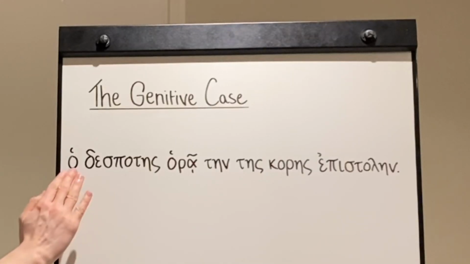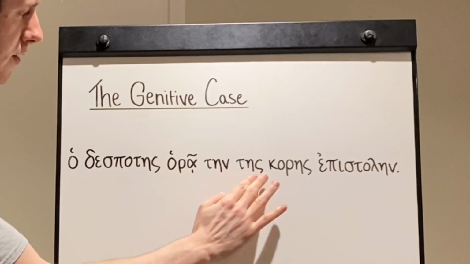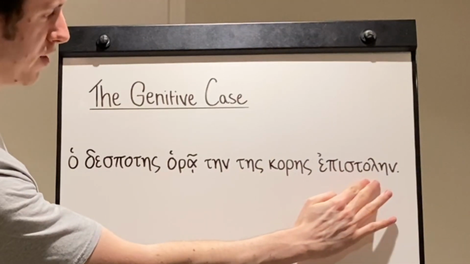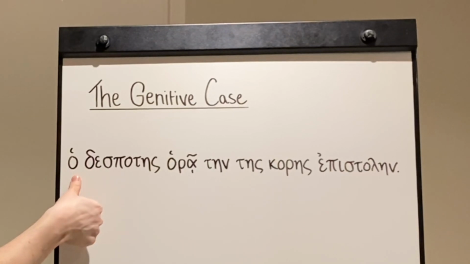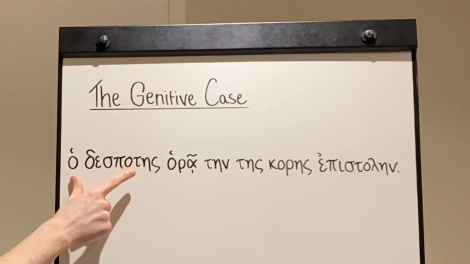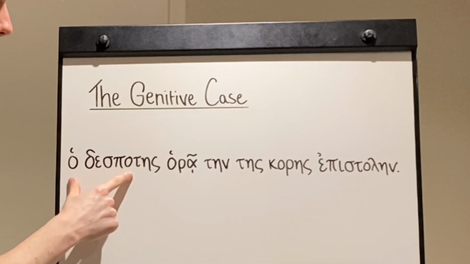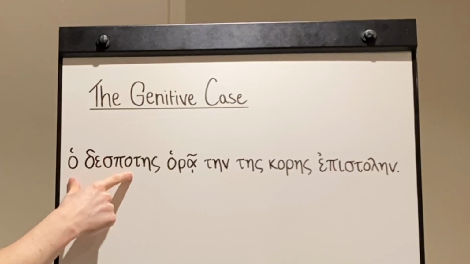This sentence is ho despotēs horai tēn tēs chōras epistolēn. So, ho is the masculine nominative singular form of the definite article, and it's directly followed by the noun despotēs. And therefore we know that the master must be the subject. He's doing the action.